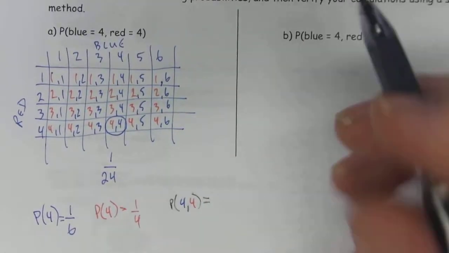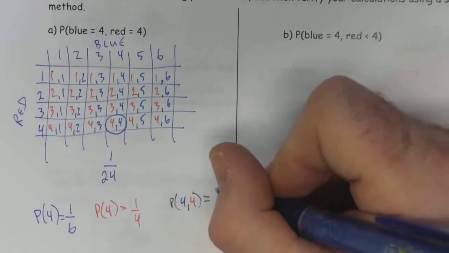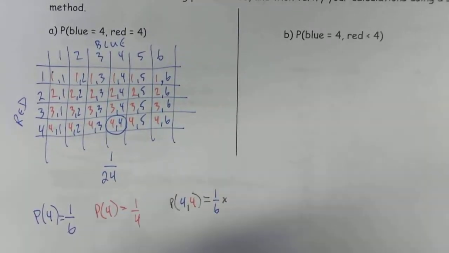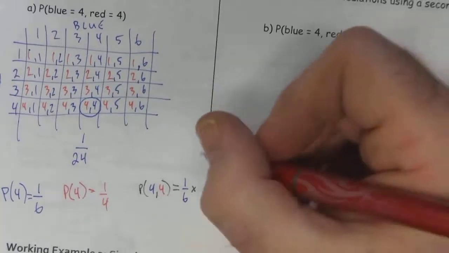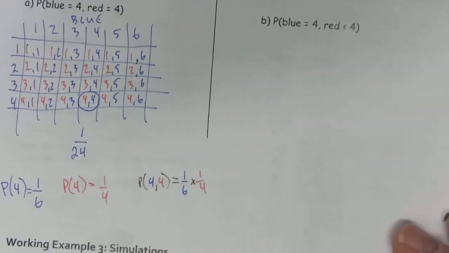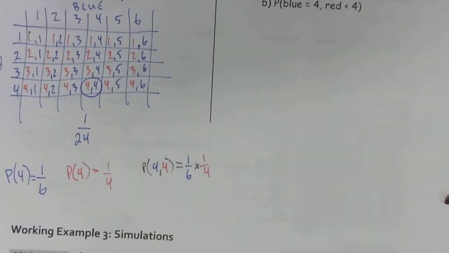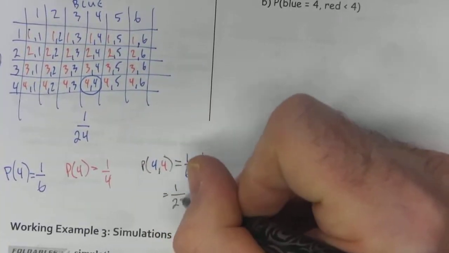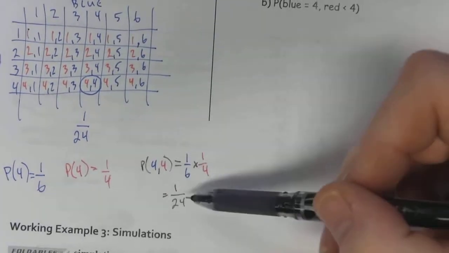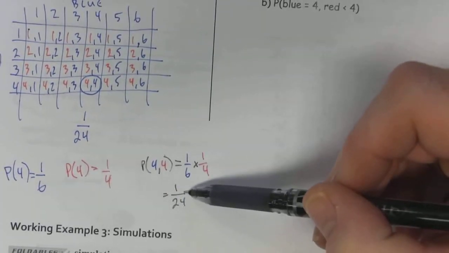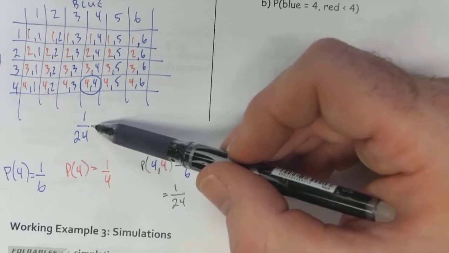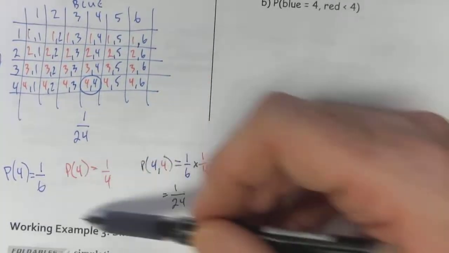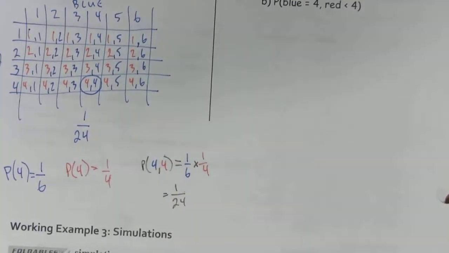Probability of that is equal to 1/6 times 1/4, which in this case, 1 times 1 is 1, 6 times 4 is 24. So the multiplication technique gives us 1 over 24, using the table gives us 1 over 24. This is much less writing than this.